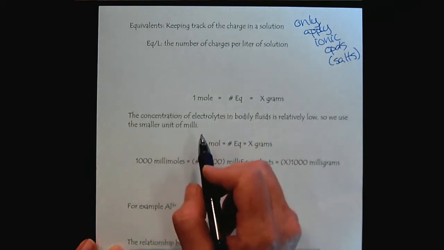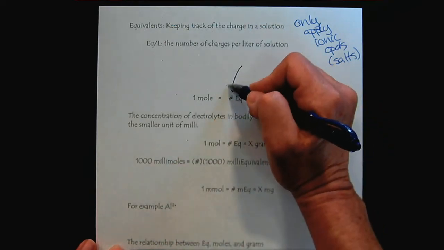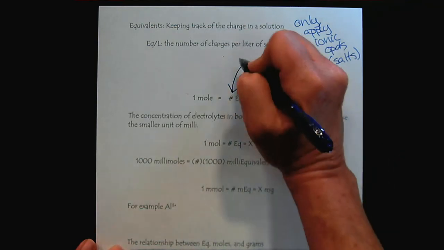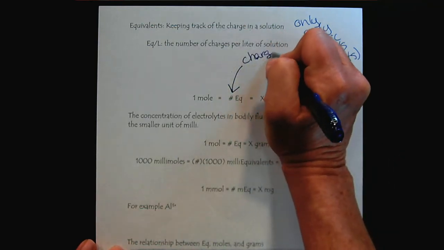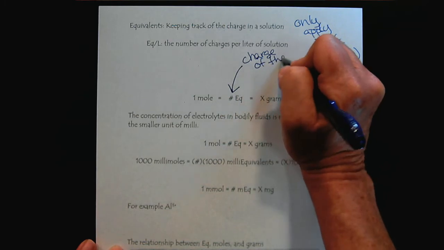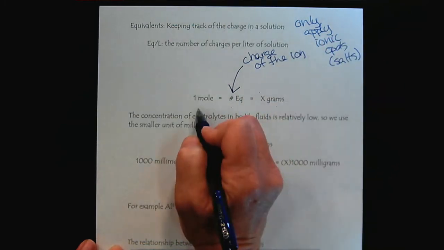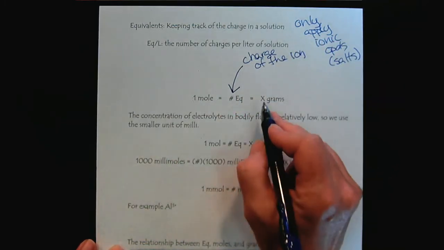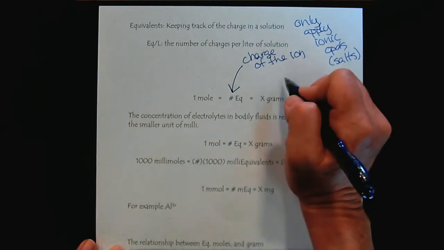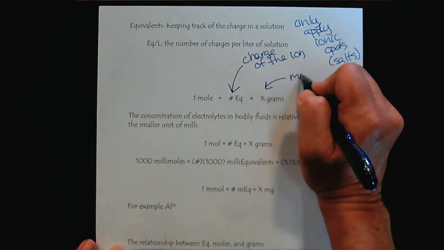So the number of equivalents is the charge of the ion per mole. And then the grams, that's simply the molar mass.